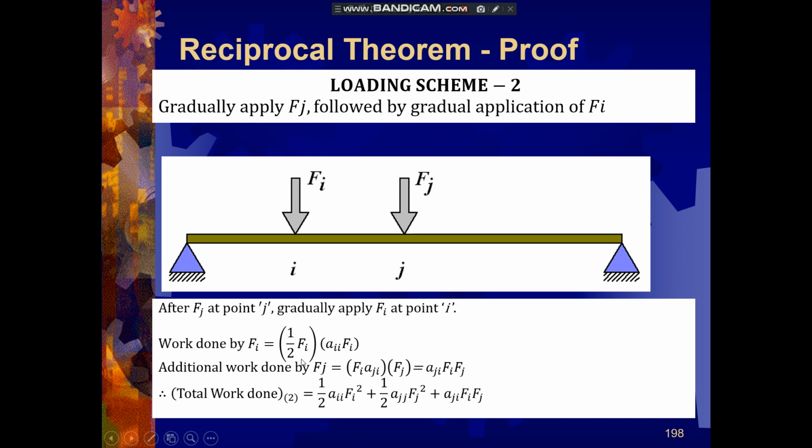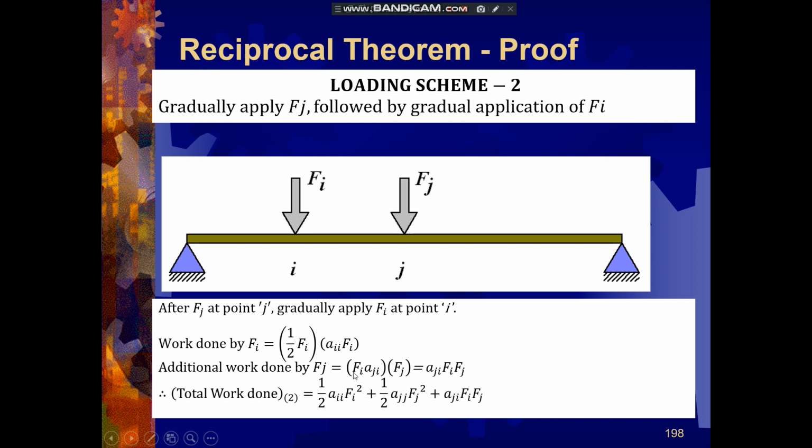So this is the average force multiplied by the net displacement, and that is Aii into Fi. And as in the last scheme, in this case now force Fj will do additional work, and that is given by the displacement at location j multiplied by the force Fj, which is already acting at its full magnitude.